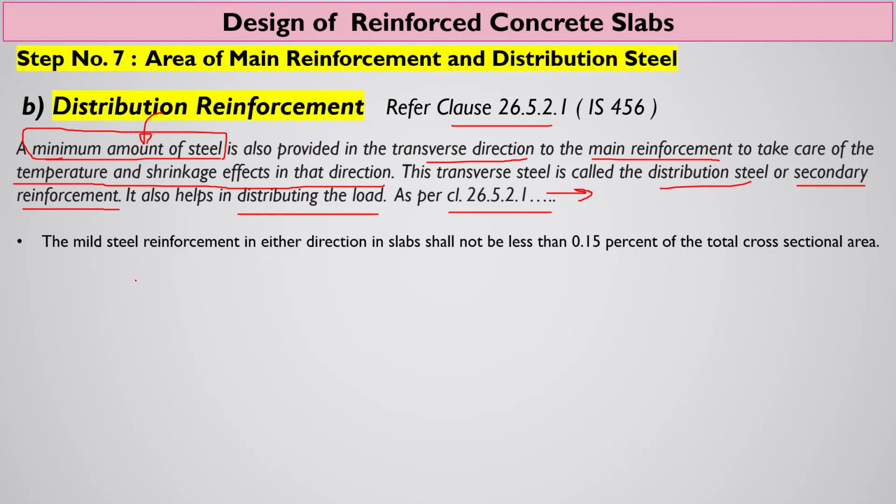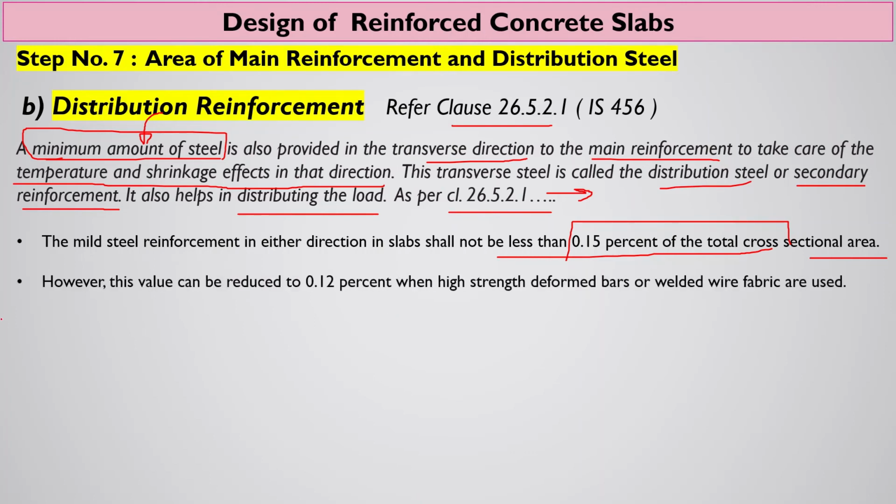So if you are using mild steel bars, what should be the minimum area of steel required? As per the IS code, mild steel reinforcement in either direction in a slab shall not be less than 0.15% of the total cross section area. So this is the minimum steel which you need to provide, that is 0.15% of the total cross section area of the slab section. However, you can reduce it if you are taking high strength steel instead of mild steel.